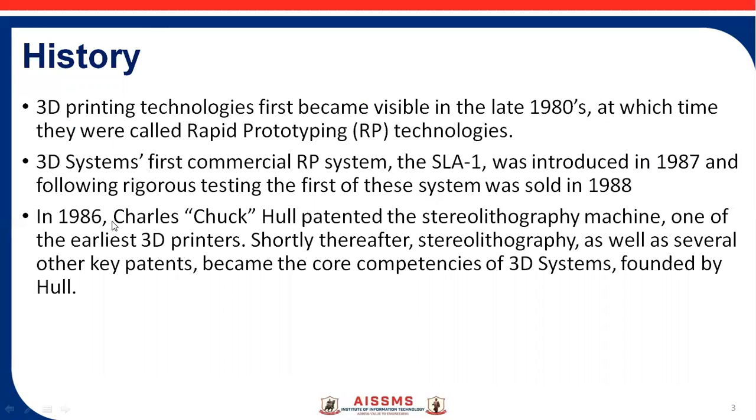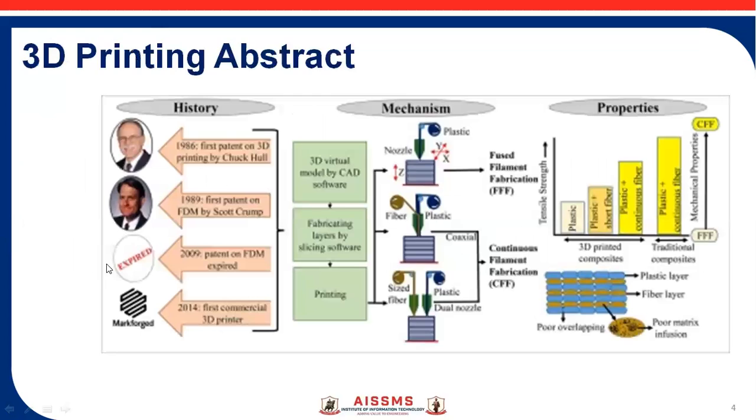In 1986, Charles Chuck Hull patented the stereolithography machine, one of the earliest 3D printers. Shortly thereafter, stereolithography as well as several other key patents became the core competencies of 3D Systems, founded by Hull.